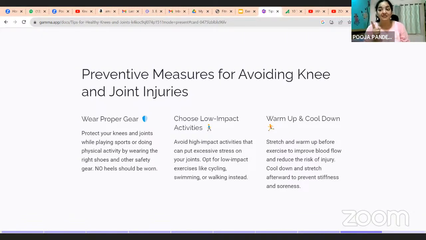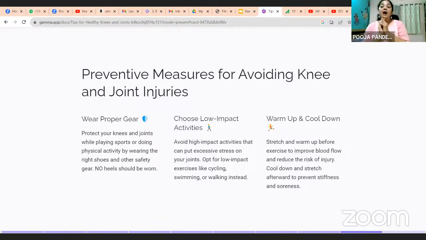If you want movement in your life, please stay away from heels. Throw those heels in the dustbin, even if they cost I don't know how much. If you want to wear heels, make sure you wear wedges, which are square, or platforms which are even in all directions.